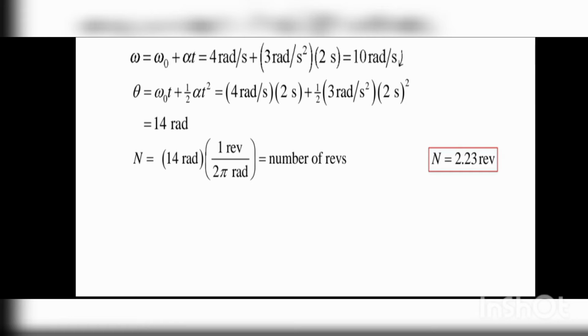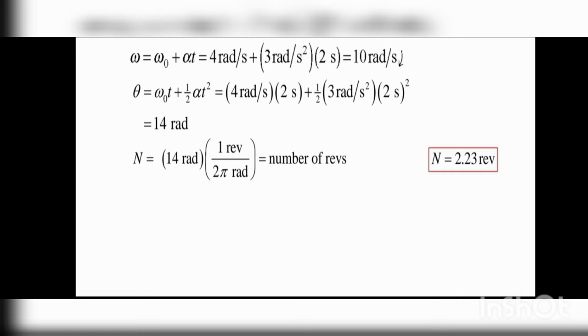So now we're going to apply the relations of uniformly accelerated rotation to determine the velocity and angular position of the pulley after 2 seconds. After we substitute, our angular velocity is equal to the initial angular velocity plus angular acceleration times time.